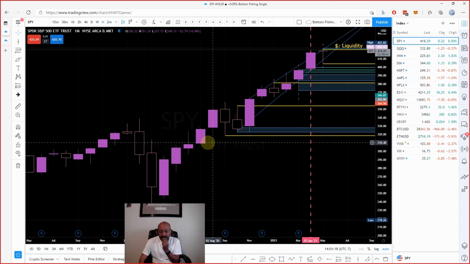After that, I came over to the weekly and checked out the structure, then went down to the daily, and then on to the hourly to start planning to take the trade. So far everything you've done is good.